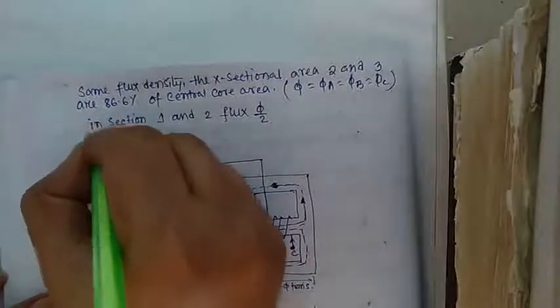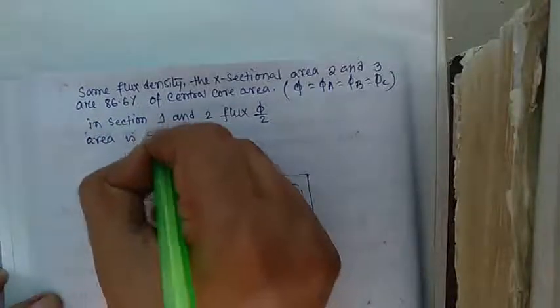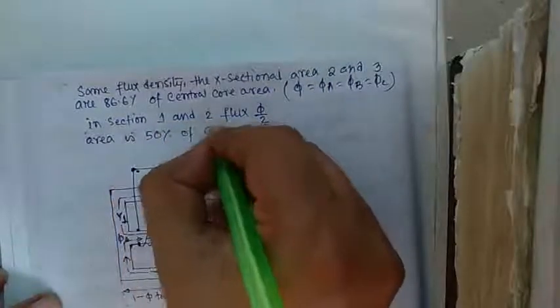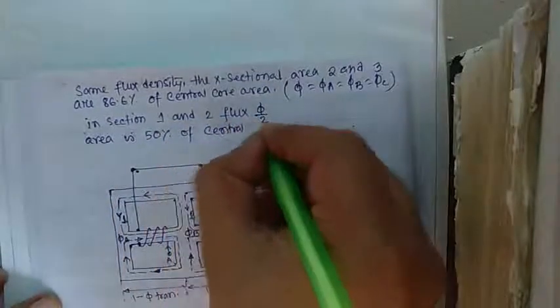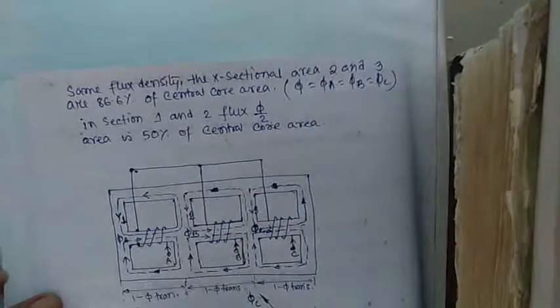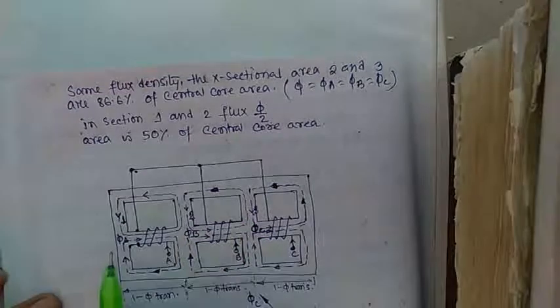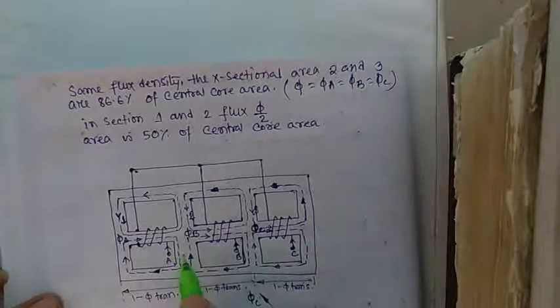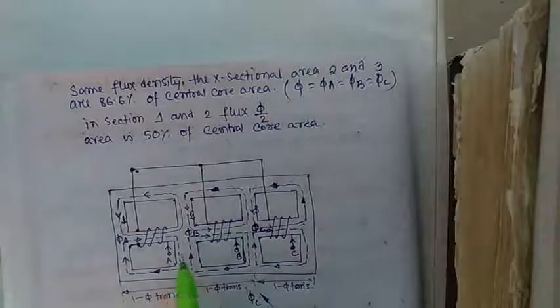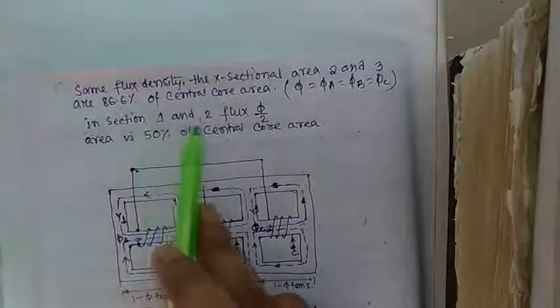So the area at 1 and 4 is 50% of the central core area. The area in 2 and 3 is 1.732 times the area of 1 and 4.